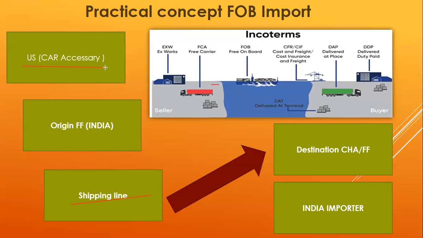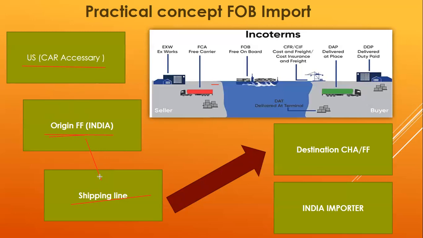In this process, the customs clearance is done, but the freight forwarder we arranged from India needs to make payment to the shipping line so that he can release the bill of lading. If he does not make payment, the shipping line will not give the bill of lading.